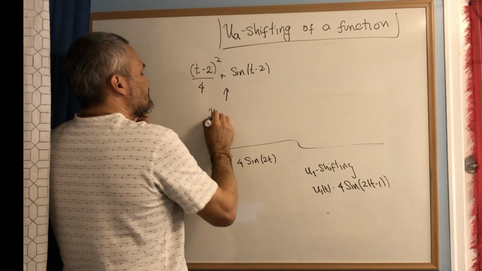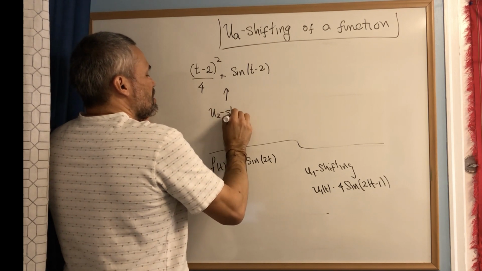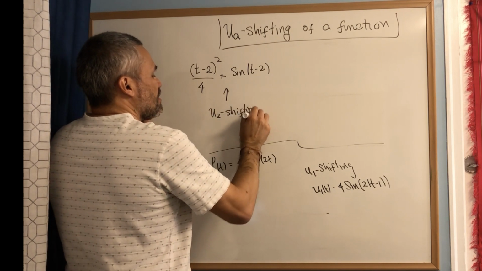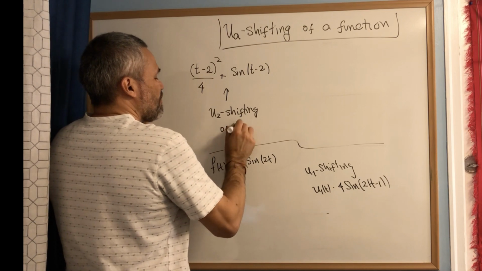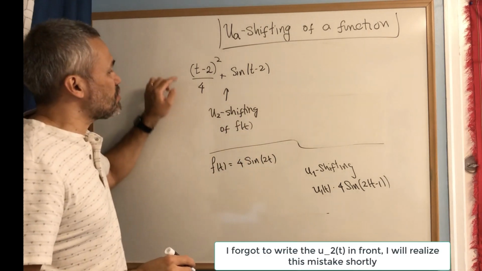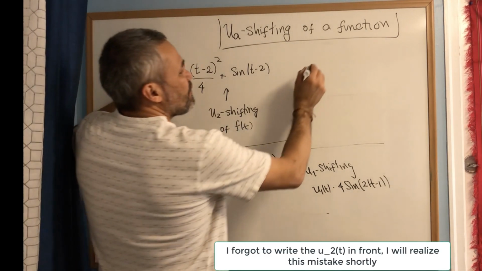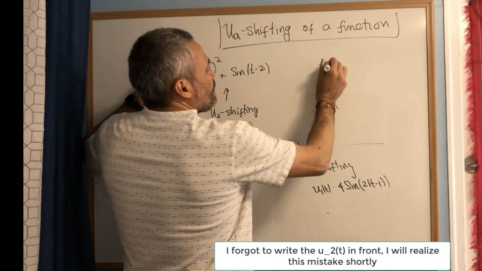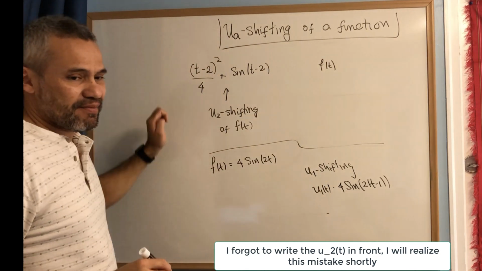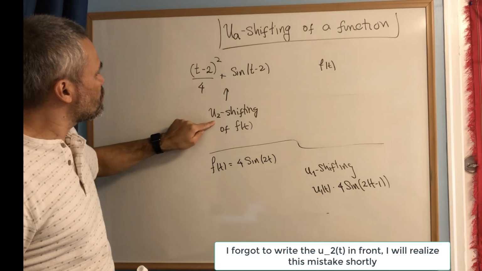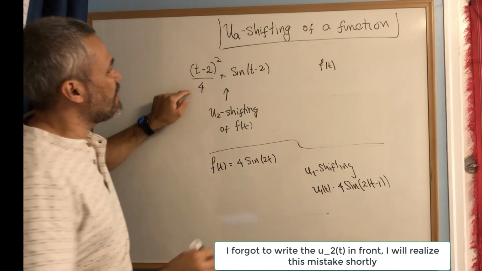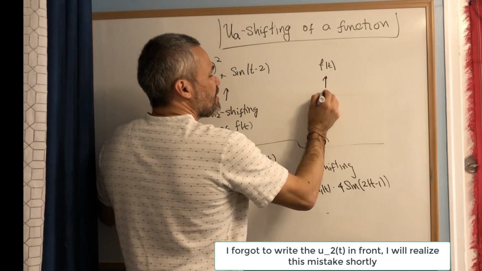And we know that this is the u2 shifting of f of t. Then the question is, what is f of t? This is the u2 shifting of f of t, and the question is, what is the original?